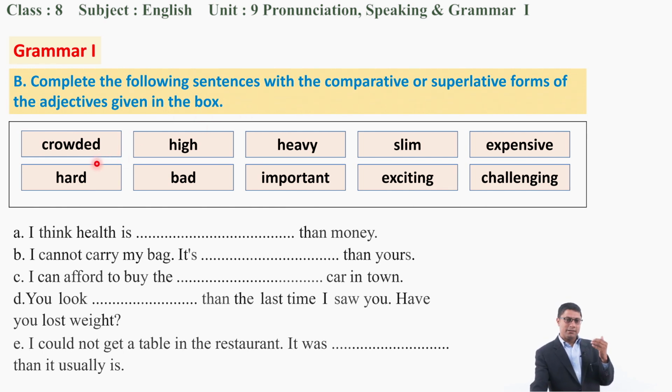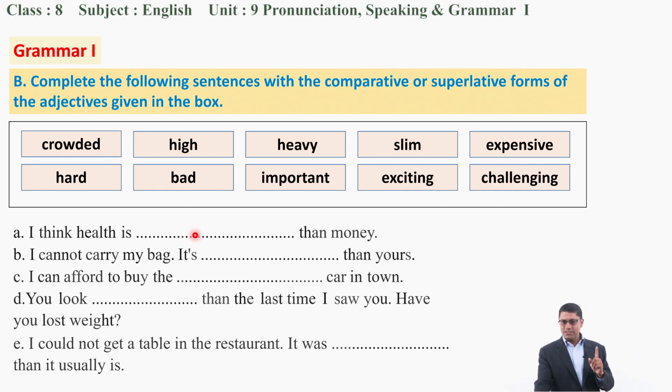And you do have the adjectives crowded, high, heavy, slim, expensive, hard, bad, important, exciting, and challenging. Now, you have to choose one of these adjectives and you have to decide whether you have to use comparative or superlative degree of the adjectives.